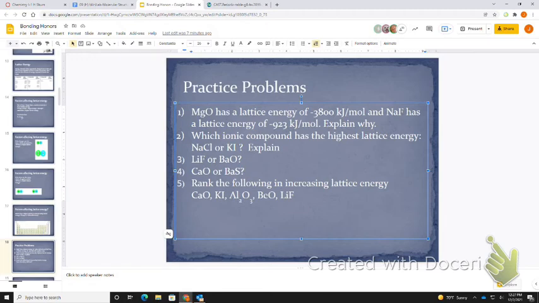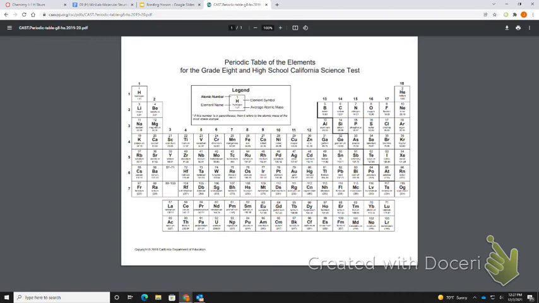CaO and BaS. All right, sorry about that. So CaO and then BaS. So CaO is smaller, higher lattice energy. Okay?